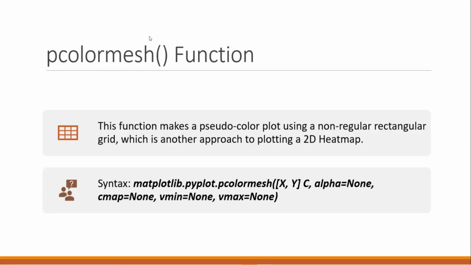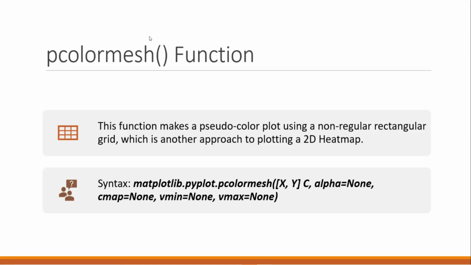matplotlib.pyplot.pcolormesh function and in the function we pass different parameters. The first parameter is x and y. It takes value as an array and it is the coordinate of the corner of the quadrilateral of the color mesh. The next is capital C, it takes value as a 2D array and it is nothing but the color mapped value. The next one is cmap.